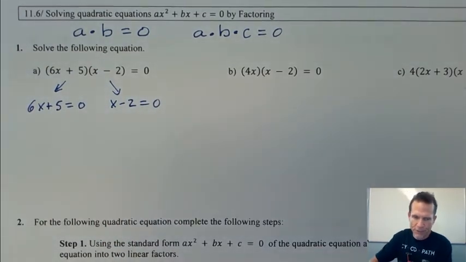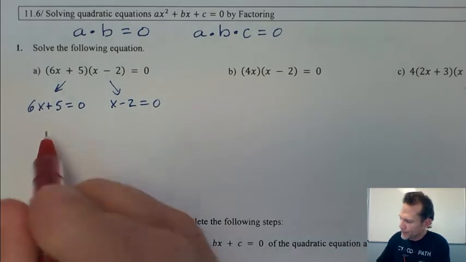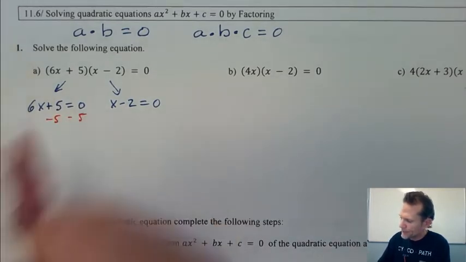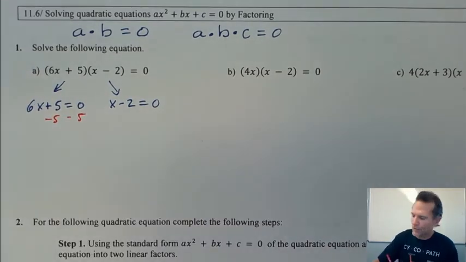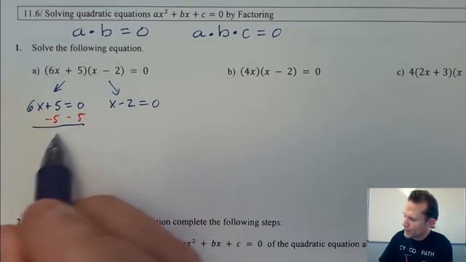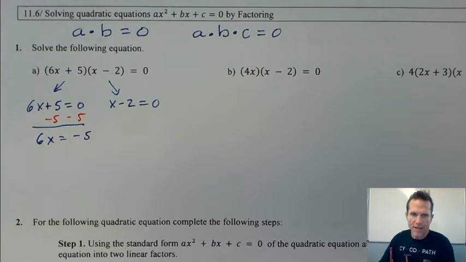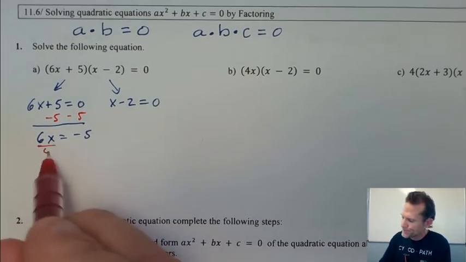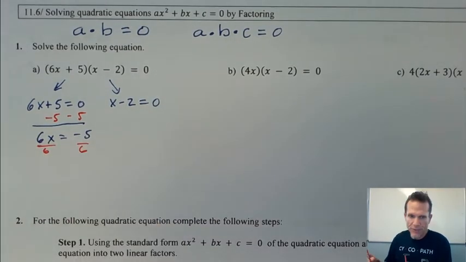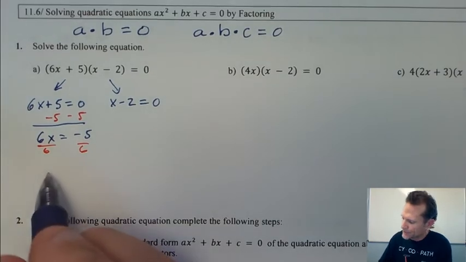Okay, so if we're solving this piece, we subtract 5, and some of you are much faster than this at solving by now, and we get 6x equals -5. Then we divide by 6, and we get x equals -5/6.